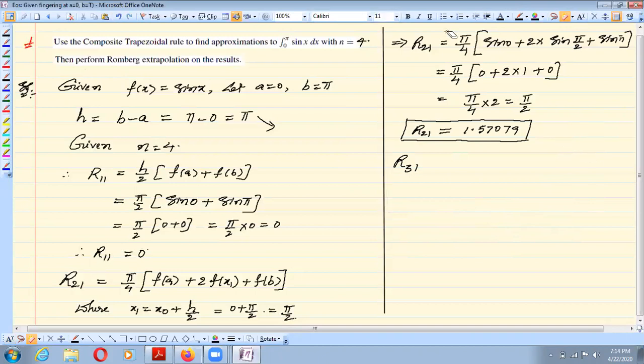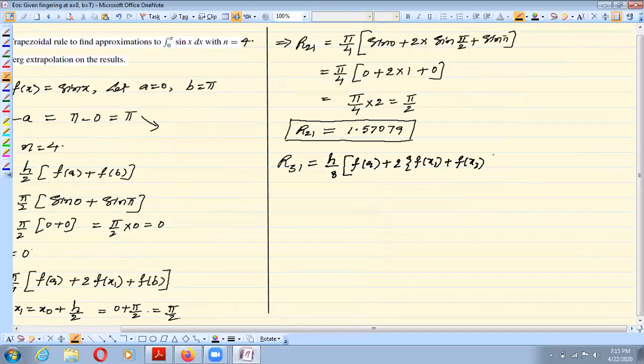Now R31 is equal to, we have to write the formula, h by 8 into f of a plus 2 into f of x1 plus f of x2 plus f of x3.